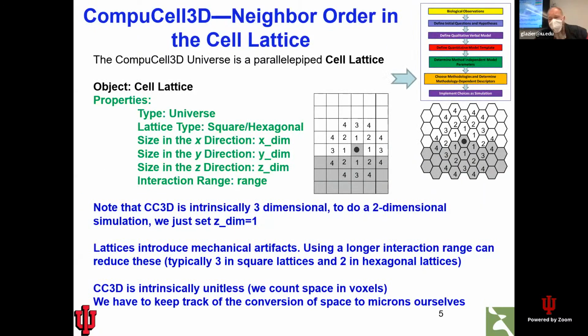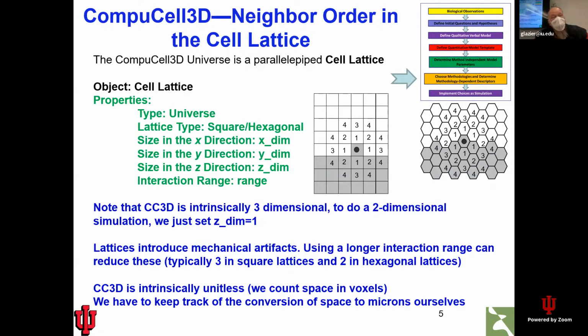Something that we do have to think about a little bit, and we've talked about in a fairly casual way so far, but when you start digging into using CompuCell it's going to become a bit more of an issue, is that you'll hear discussion of things like nth order neighbors: nearest neighbor, second neighbor, third neighbor. CompuCell also supports both square and hexagonal lattices. And you could say, well, why bother with a hexagonal lattice?